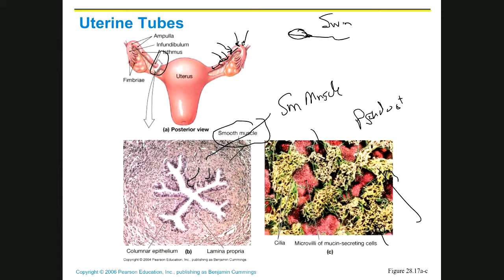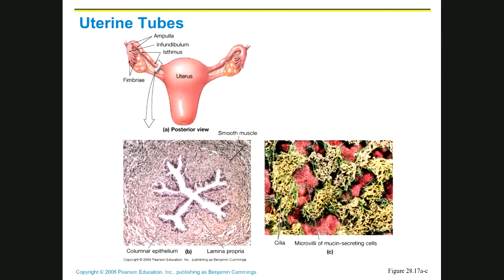They move the fluid, and then the fluid drags the oocyte along with it. There are a bunch of these cells that have cilia, but there are also a bunch of cells that don't have cilia. They have microvilli.